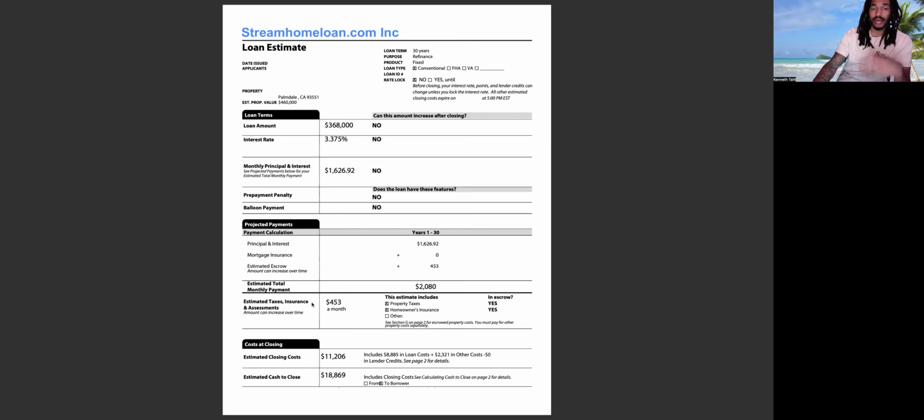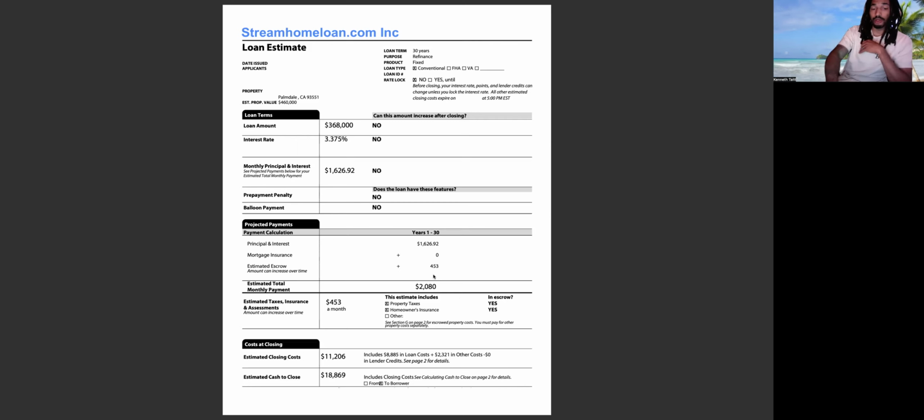The next section breaks down what's included in that escrow payment of $453. Here it shows that it's property taxes and homeowner's insurance. It asks the question again, in escrow? Yes, right? Because in a scenario where they are not including your property taxes and insurance, you're still going to see it here because your taxes and insurance are broken down as a monthly payment for qualifying purposes.